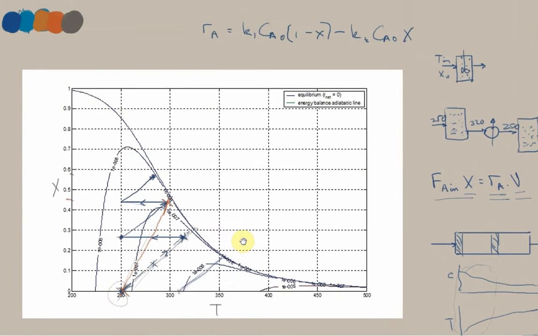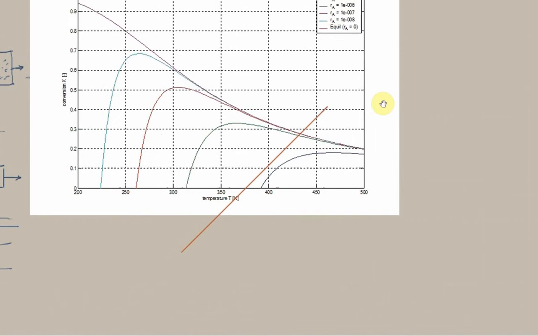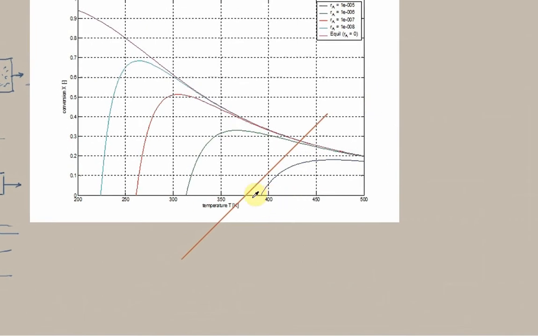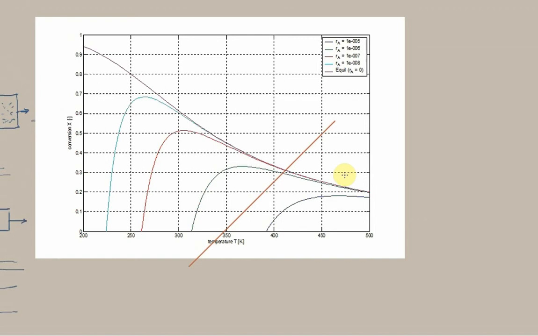So let's now try and construct a way to optimize our trajectories through the system. So here's the line, and if we consider this adiabat, right? So we've fixed the slope of this line, and we're thinking now about a CSTR type arrangement.